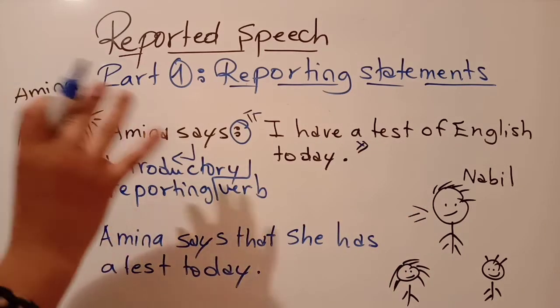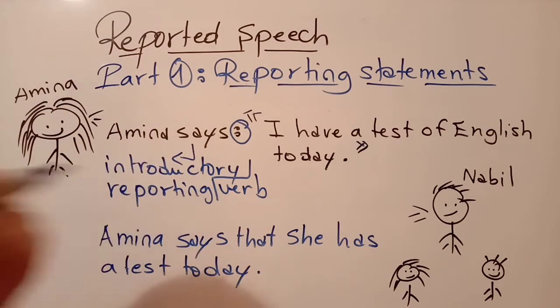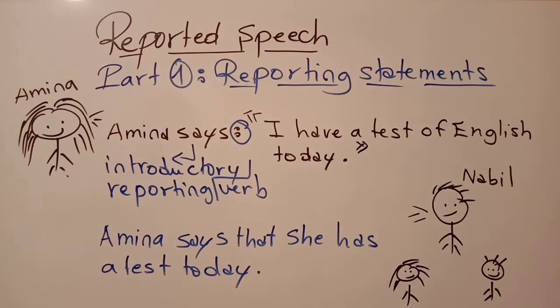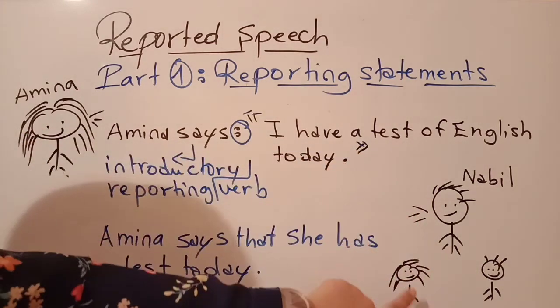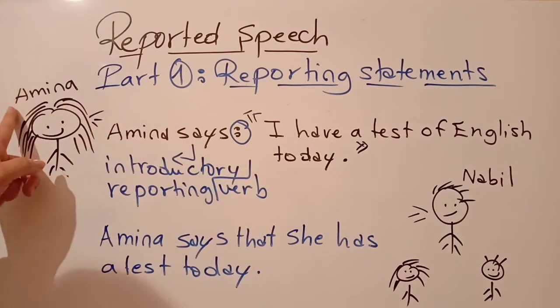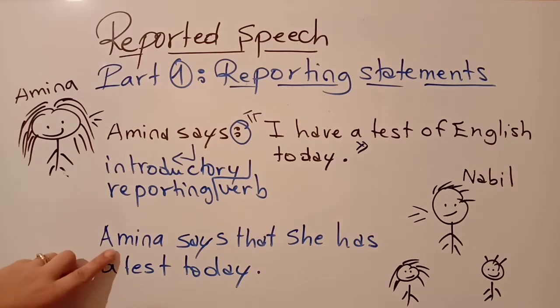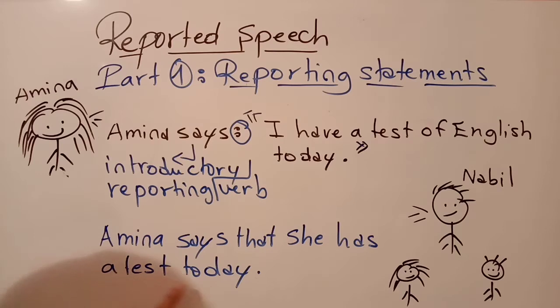So as I said before, the difference is clear at the level of the form. When we shift to reported speech, which is to report to other people what speaker number 1 says, for example here, Nabil is reporting to other friends what Amina says by saying, Amina says that she has a test today.